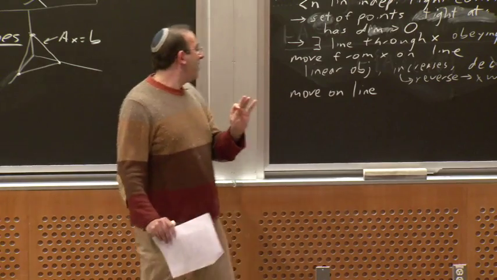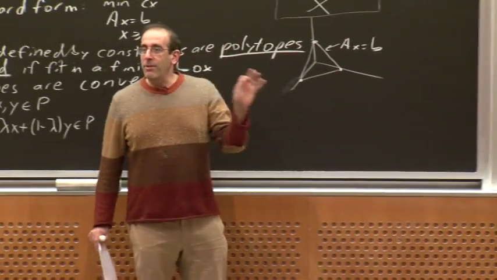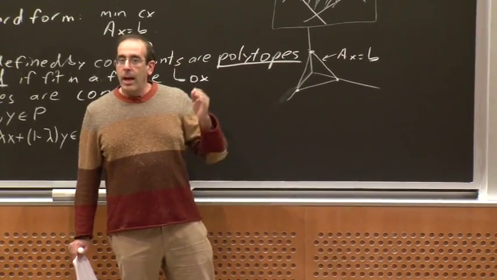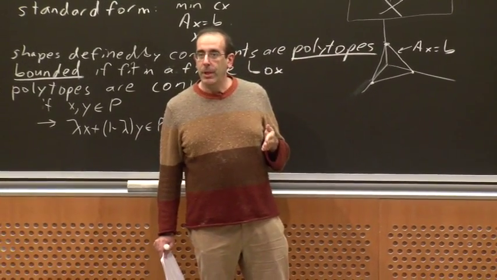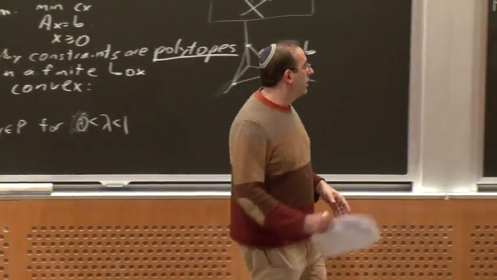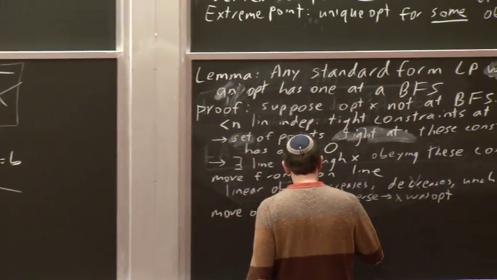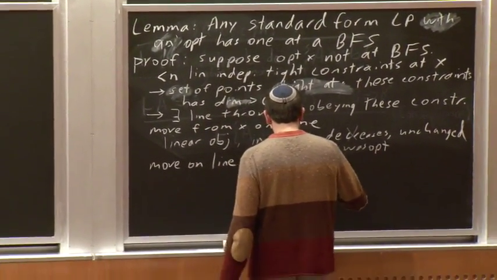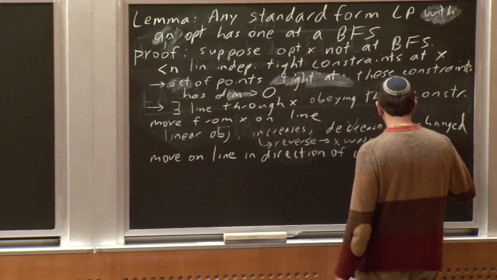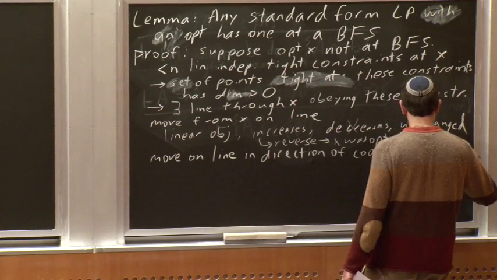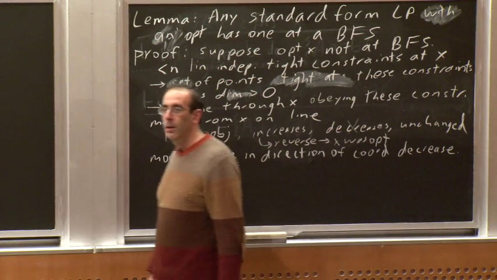Wow. OK. So in one of these two directions of motion, at least one of my coordinates will be decreasing. So let's move in the direction of a coordinate decrease. Okay.